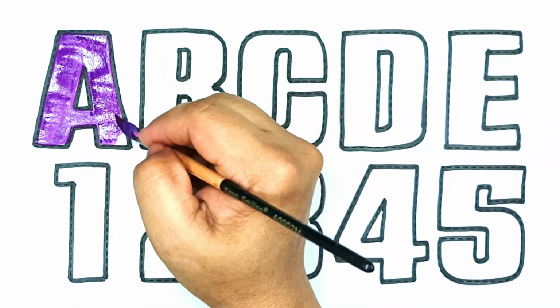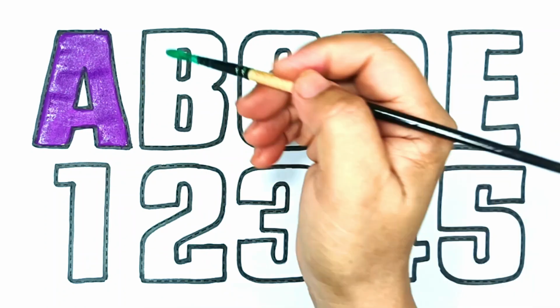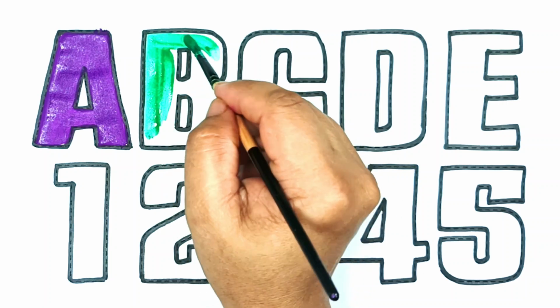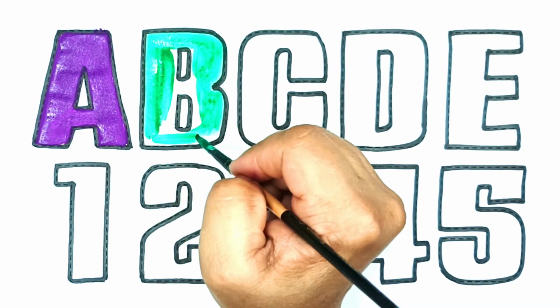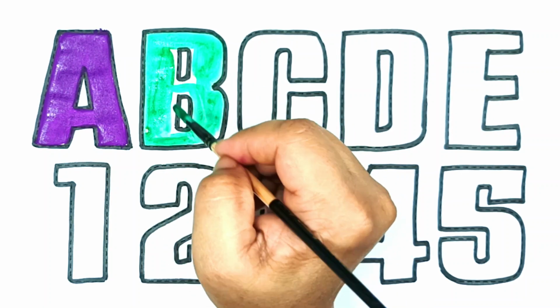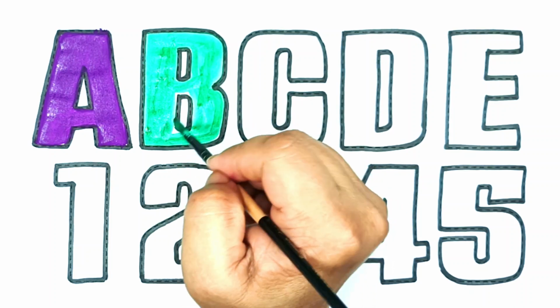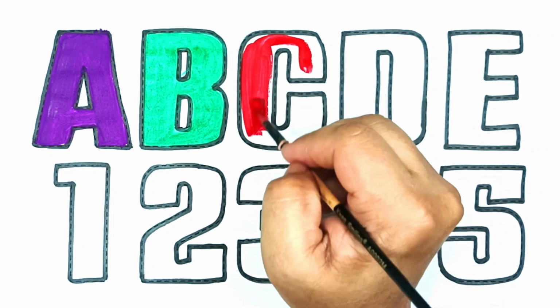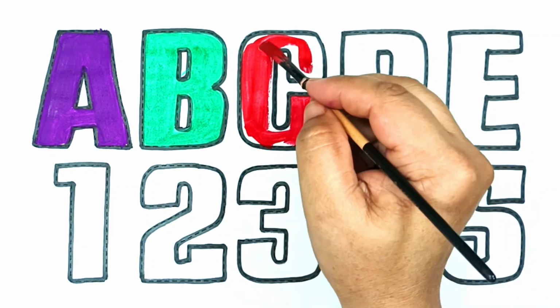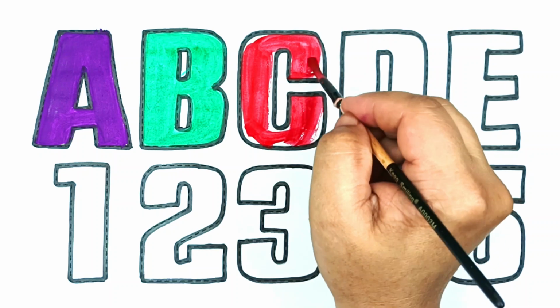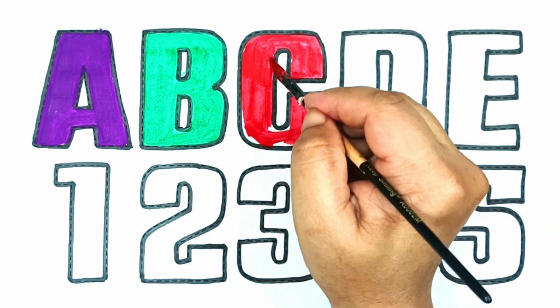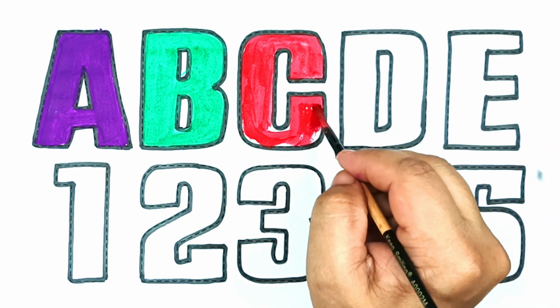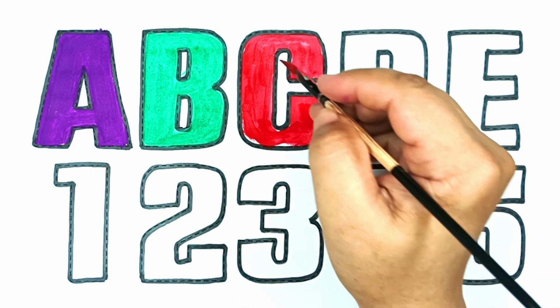A is for airplane. It flies in the sky. B is for baby. Sometimes it may cry. C is for clock.